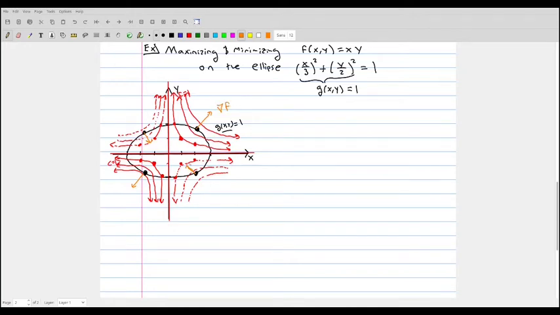So in orange here I've drawn out what the gradient of f looks like, and then the gradient of g will always be pointing out.